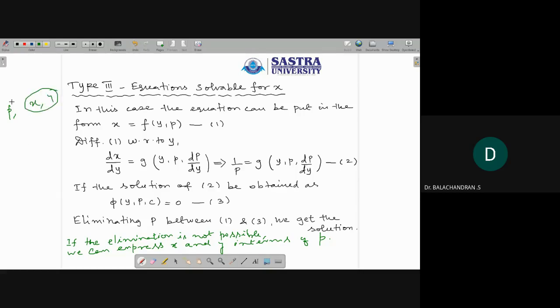If I solve the problem for x, I'll get a single solution, but if you solve the same problem the other way, you will get only the general solution.